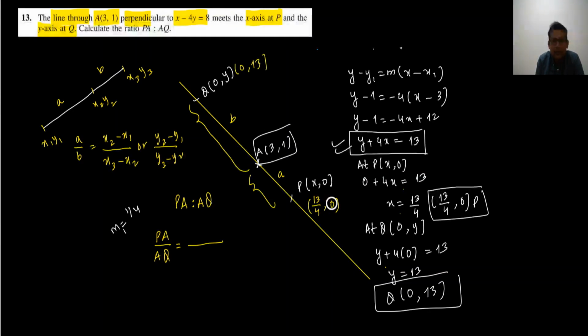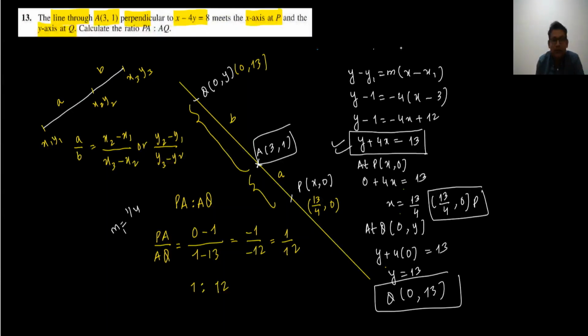So 0 minus 1, 0 minus 1, and you can write here 1 minus 13, 1 minus 13. So minus 1 divided by minus 12 is coming 1 upon 12. So the right answer is 1 ratio 12.